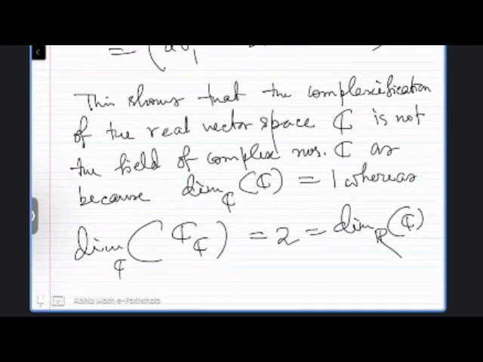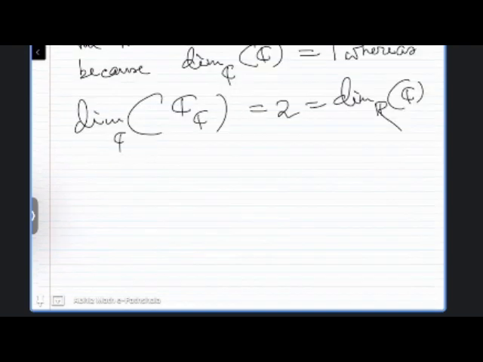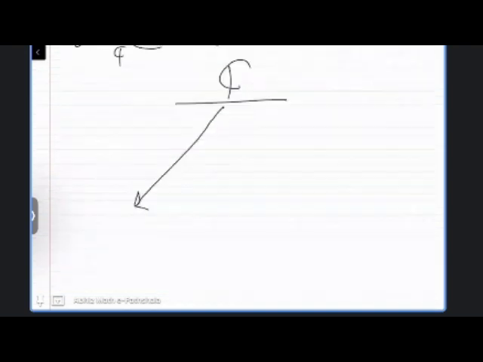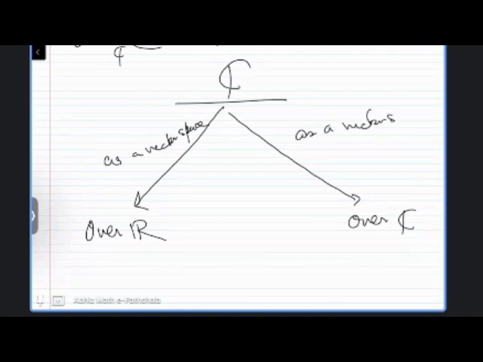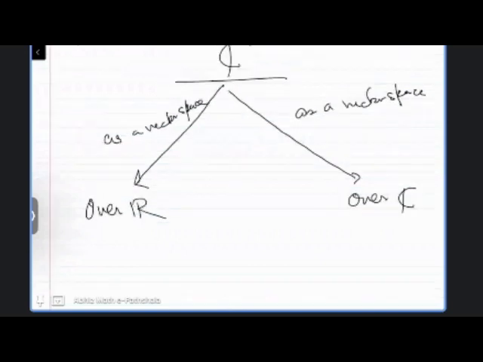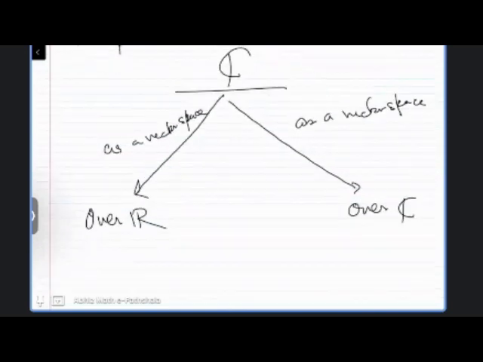So we are considering C in two ways: as a vector space over real numbers, and as a vector space over C, right? So C can be looked at as a vector space over R and also as a vector space over C. Is it okay?